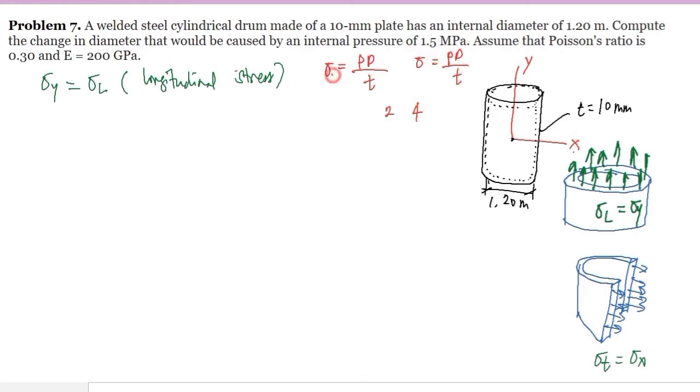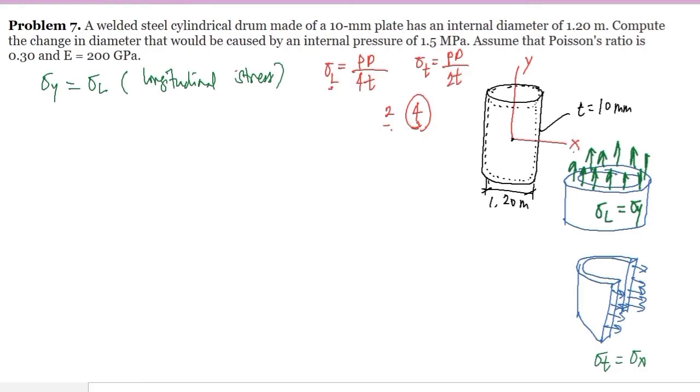This is for longitudinal and this is for tangential. From the word longitudinal, we have here 2 and 4. 4 is longer than 2, so we go with the longitudinal, and that's 4. And of course 2 here.